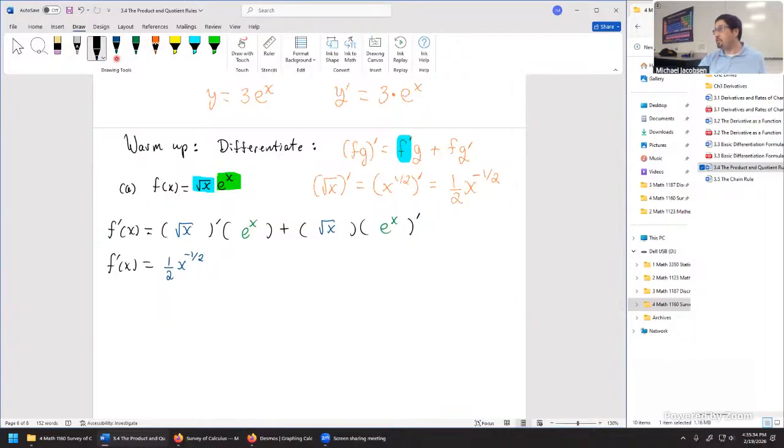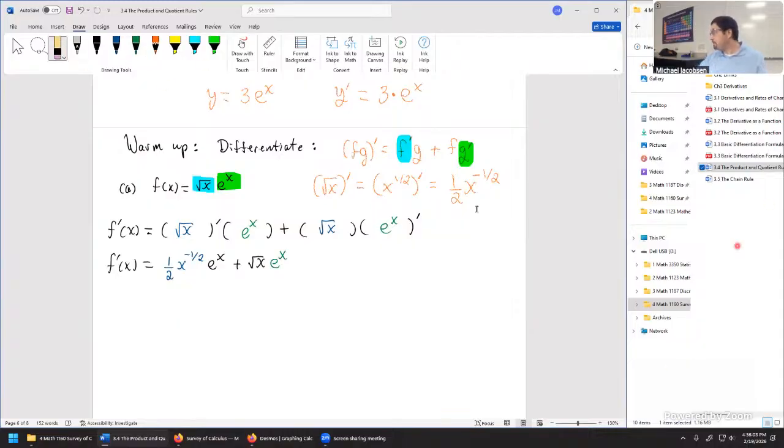Then we can just copy down the g function, e to the x, so multiply it. Plus, this says to copy down the f function. Here it is, we're not doing anything with it, just copying it down. But then it gets multiplied by the derivative of e to the x. That's this g prime part right here. That one's nice. The derivative of e to the x is itself, e to the x.